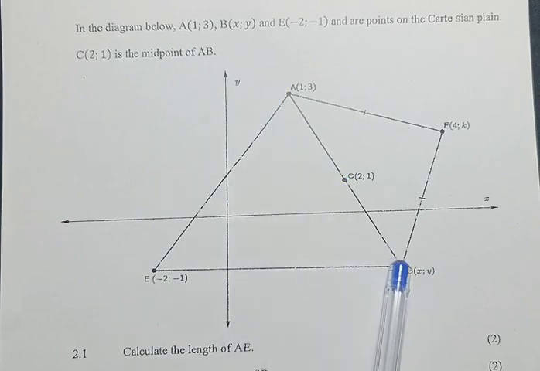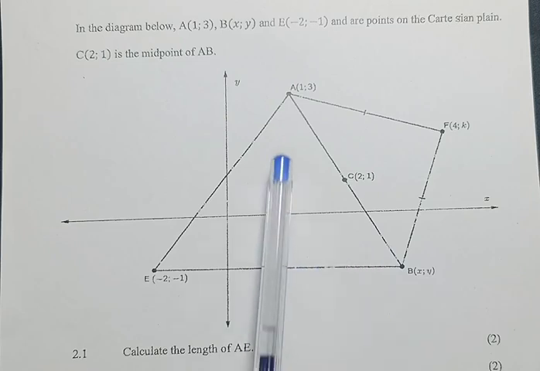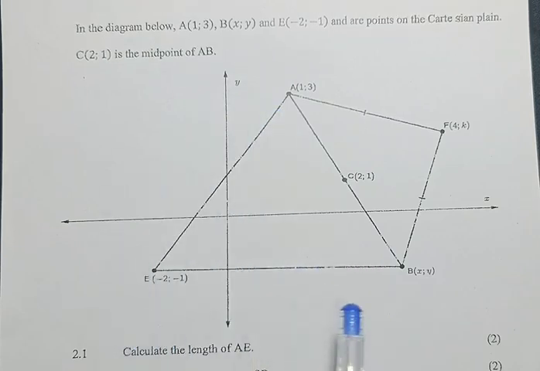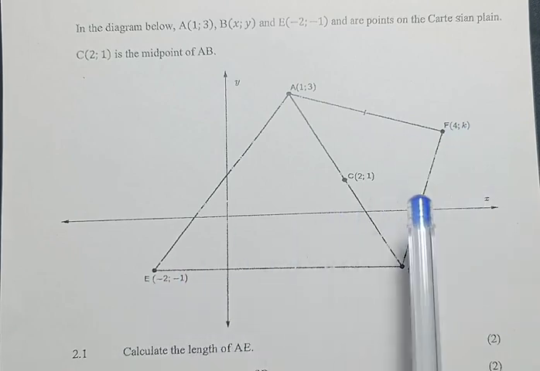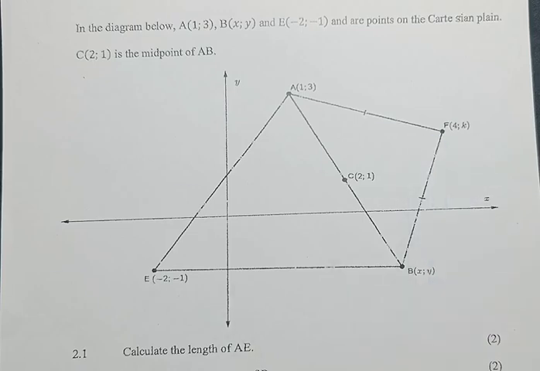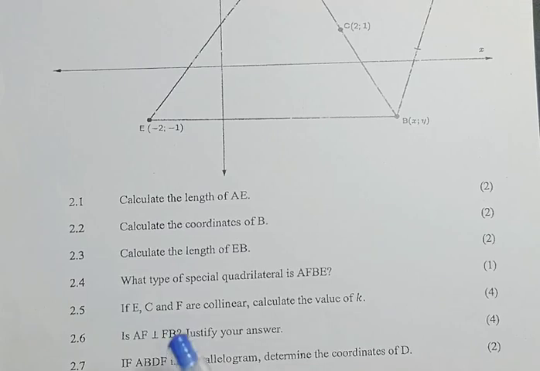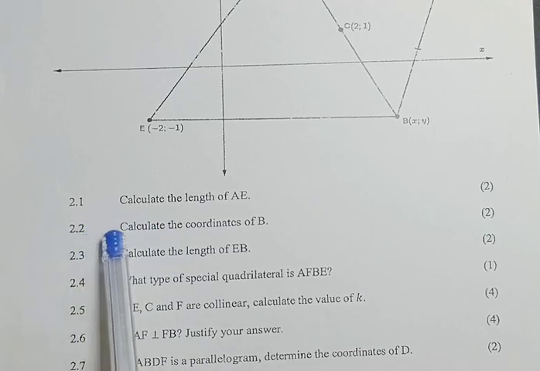A, B, E, and F are the vertices of the quadrilateral. So A, F, B, E, or you can say A, E, B, F. This is a quadrilateral. So the question says, first question, calculate the length of AE.